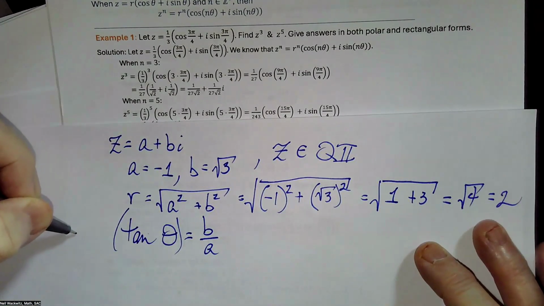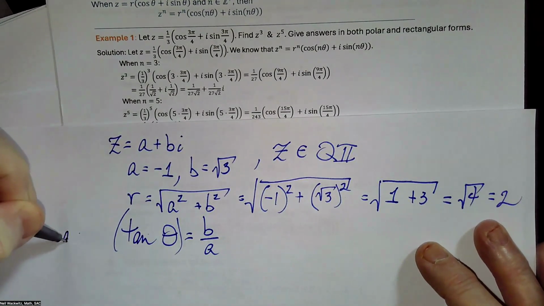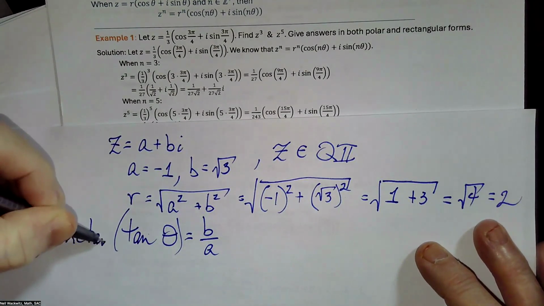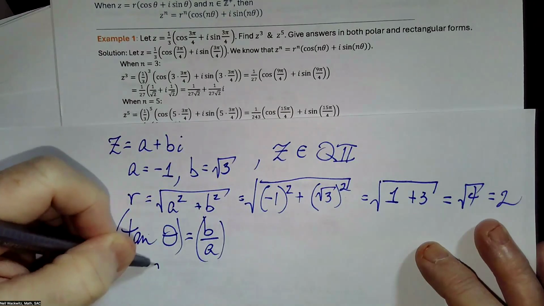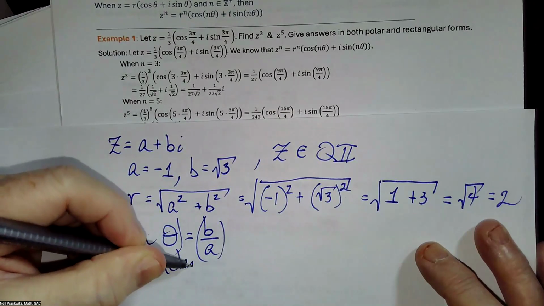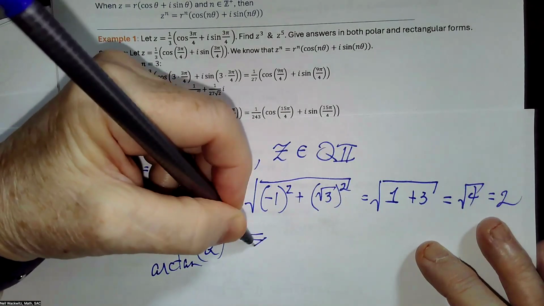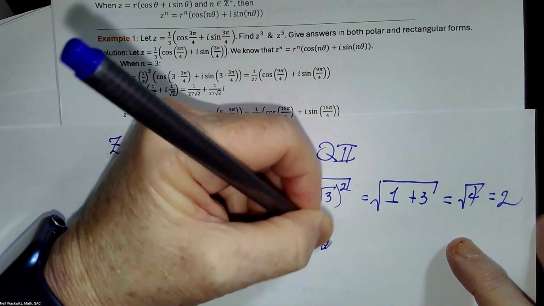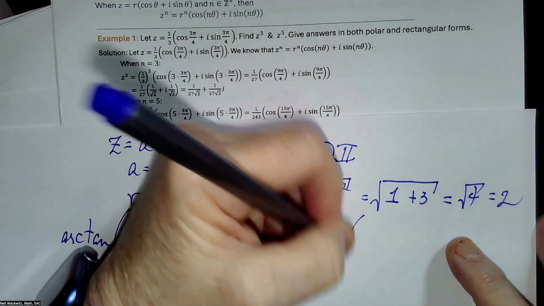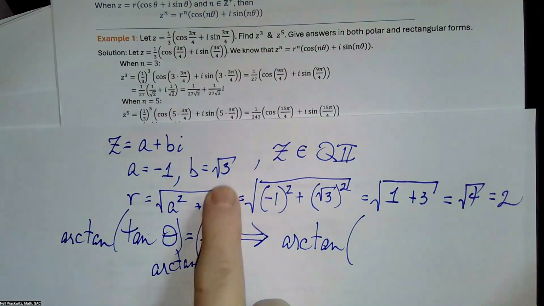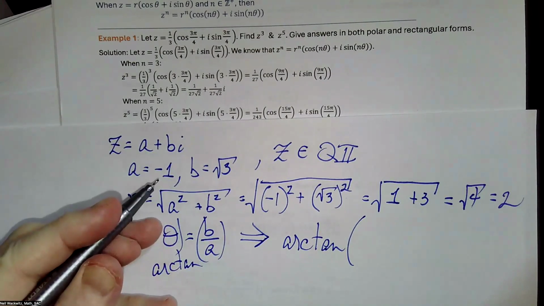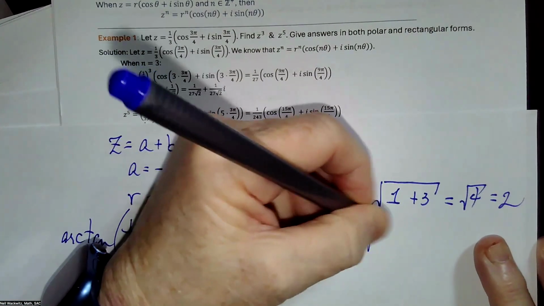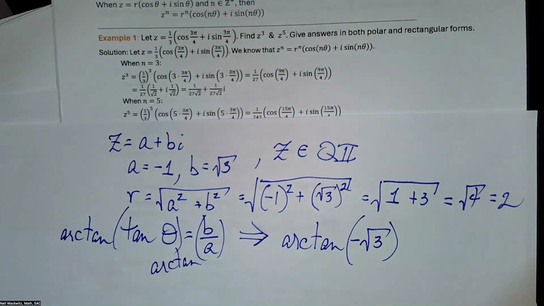So I want to go ahead and take the arctan of both sides. So that we have arctan. Let's see, b is square root of 3. a is -1, so just negative square root of 3.